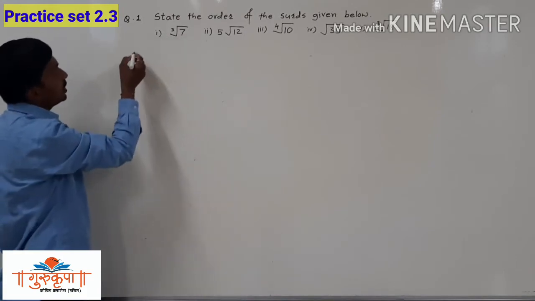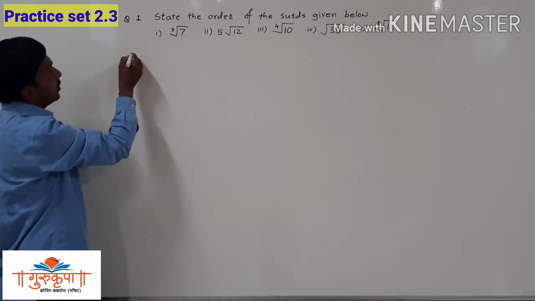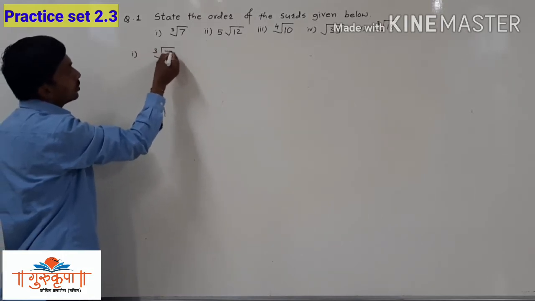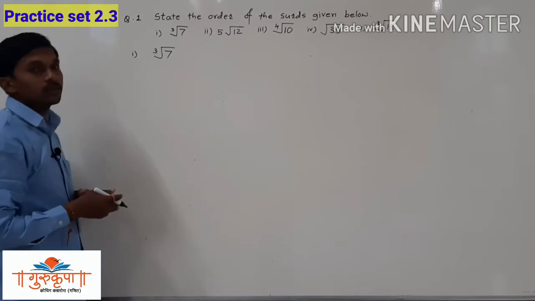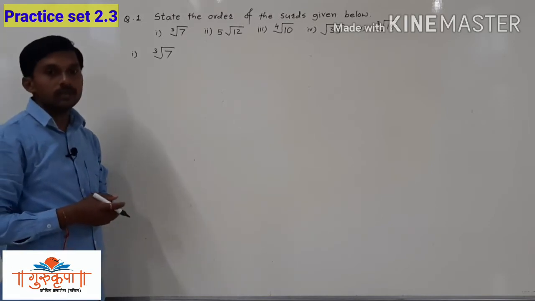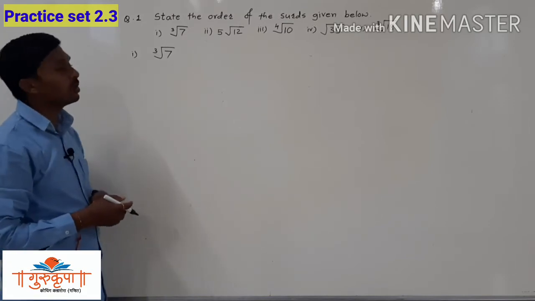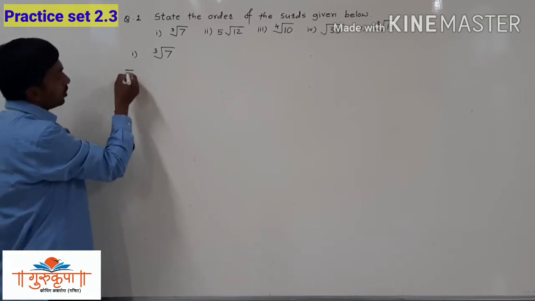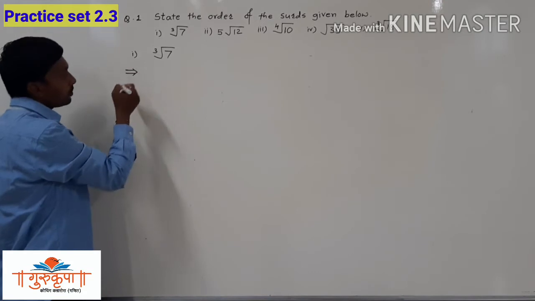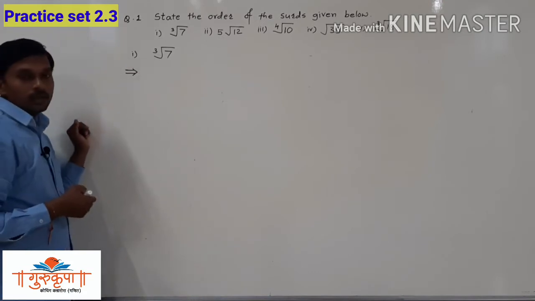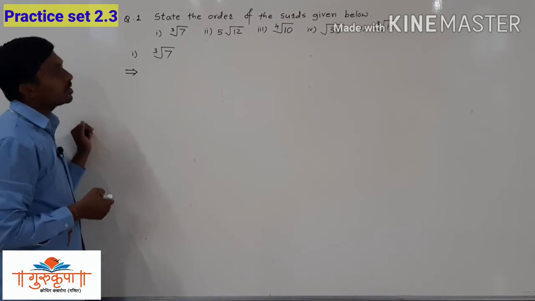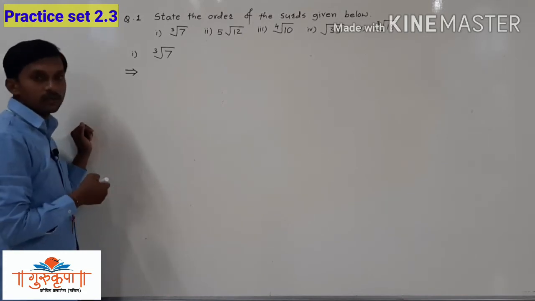The first example is the cube root of 7, that is a surd, and we have to write the order of the surd. All of you know that if nth root a is an irrational number, then n is called the order of the surd.